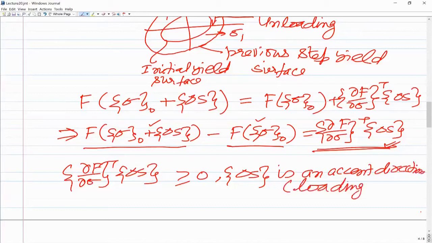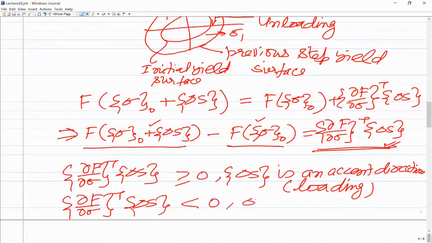I already explained that. And now, you could find that del f by del sigma transpose into delta s, an easily calculated quantity, is less than 0. Then basically this delta s is a descent direction, the yield function is decreasing in that direction. That means unloading is taking place.